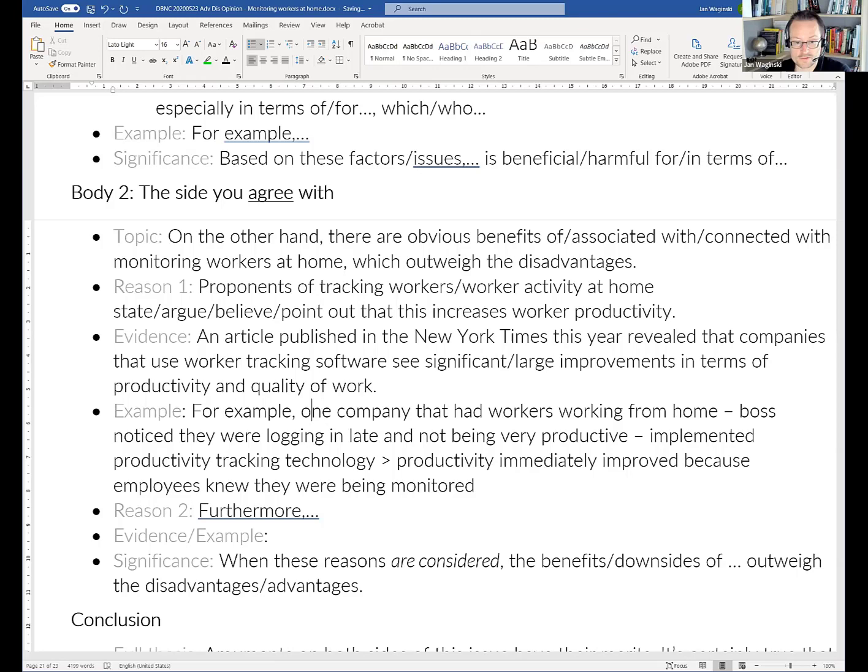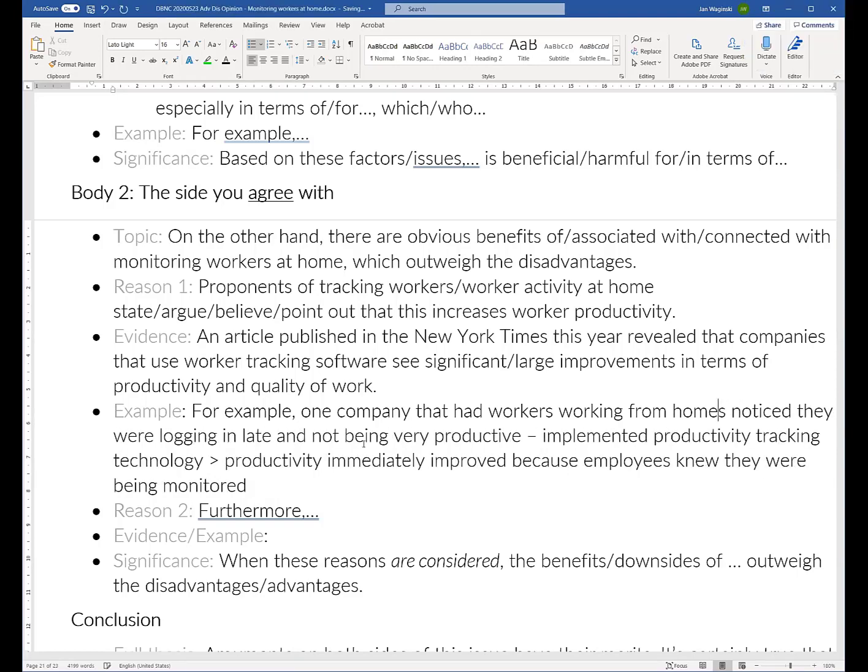Okay. We've got to fix the grammar here. For example, we don't need to say the boss, right? One company had workers working from home. Noticed they were logging in late and not being very productive. They had workers working from home.